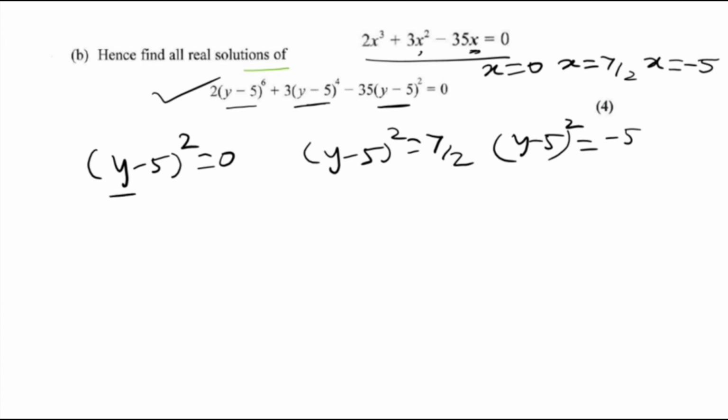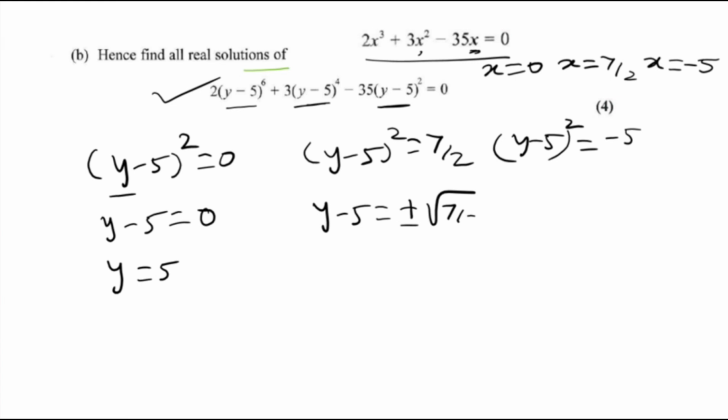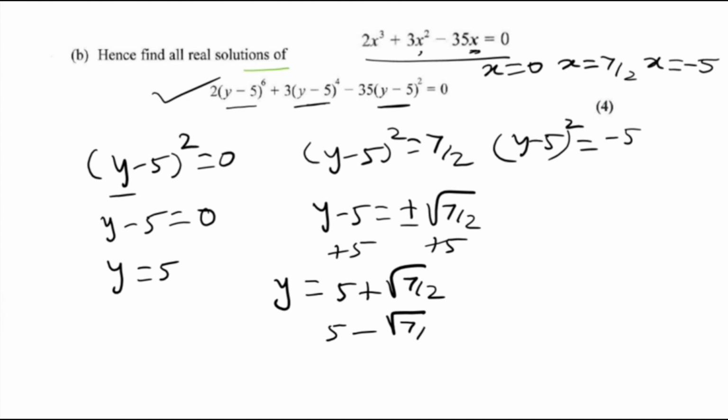Now to find y, I have to remove this square. So I have to do square root, and square root of 0 is 0. So y is equal to 5. This is a solution. Y minus 5 is equal to plus or minus root 7 over 2. And when I add 5 to both sides, then I will get the solutions 5 plus root 7 over 2 and 5 minus root 7 over 2.